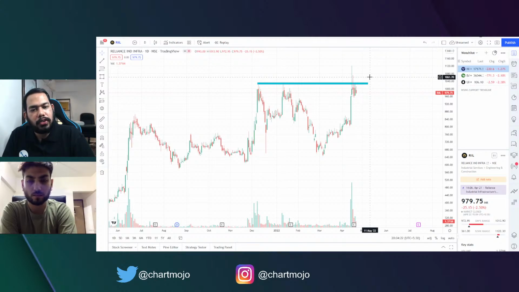And the profits are also lucrative for them to book, either a part position. So I think here it might take some time, but definitely when this counter goes above the 1120 level, you might get a very good breakout.